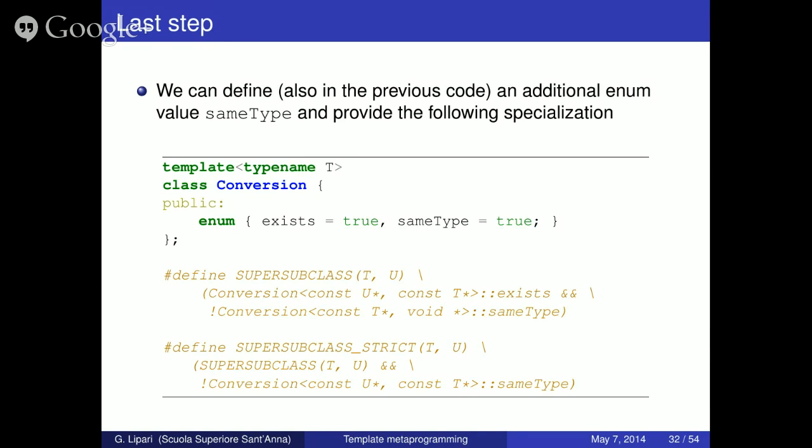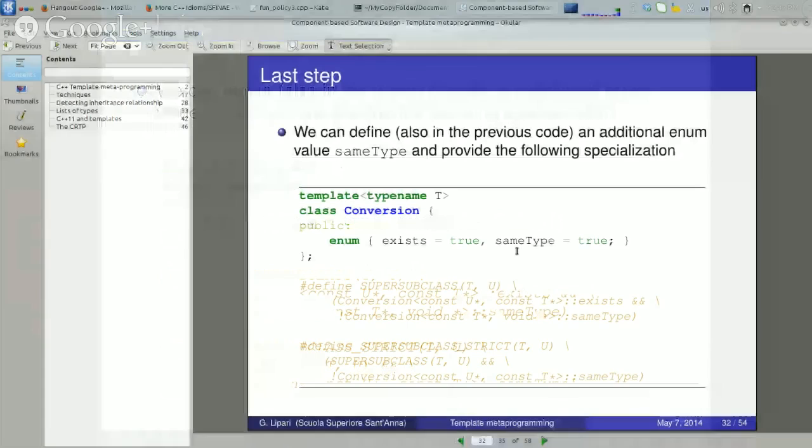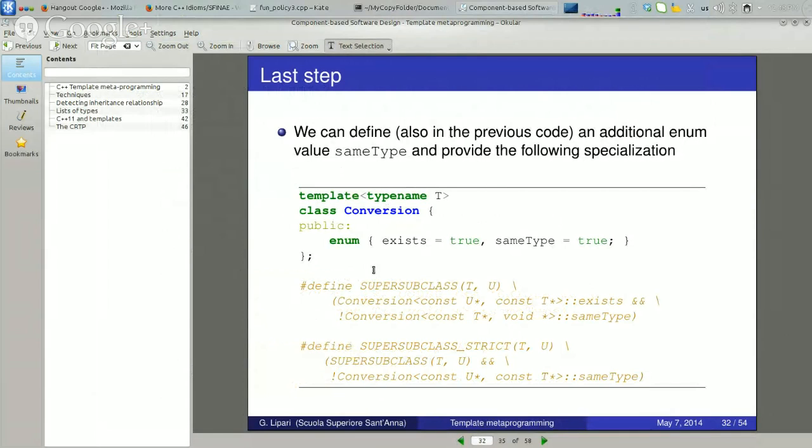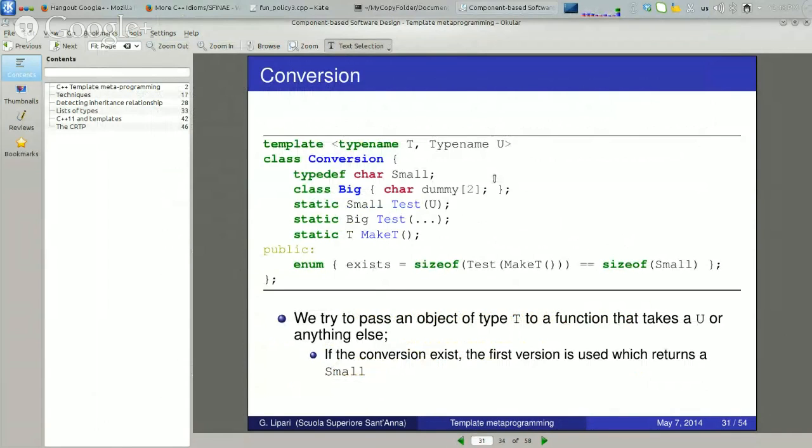Okay, so it's a very, very strange technique, I admit, but it allows you to check if one is a superclass of the other. So let's go again and look at the code to understand the trick here. The trick is to define two different classes, two different types of different sizes.